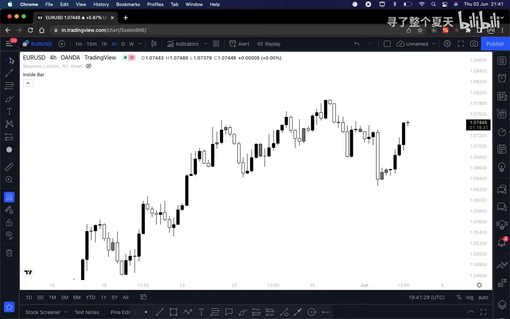So now, do you have an insight on how to go about identifying minor structure and swing structure, internal structure and swing structure? Yes, it makes sense. Okay, perfect then. Because for someone else, like you mentioned, Derek, you would regard this as a swing low, swing high, a swing low, and a swing high, right?